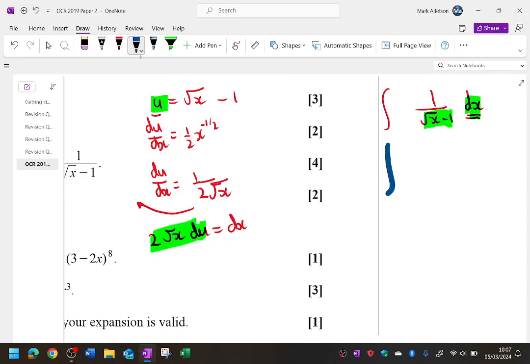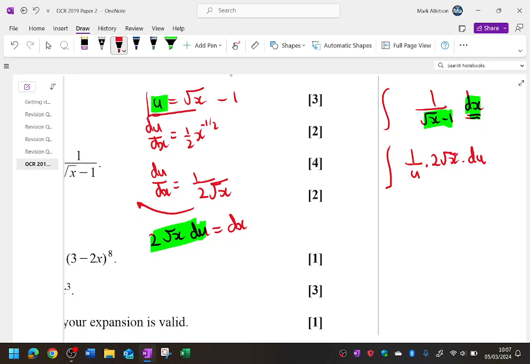So the integral, keep it red. So it's the integral of 1 over, now becomes 1 over u, dx, well dx was 2 root x du. So I've replaced it all. Now I need to see what I've got. In here I've got my x. Now the problem with that is I'm integrating with respect to u, so I can't do that.